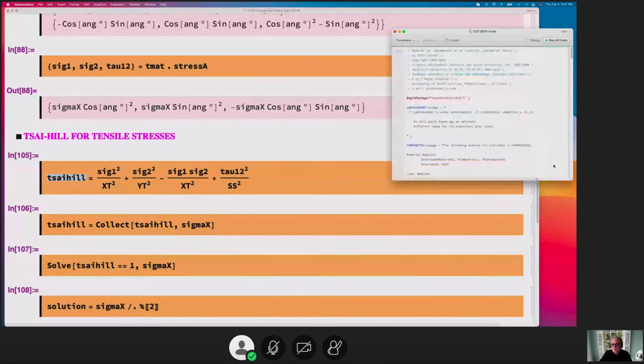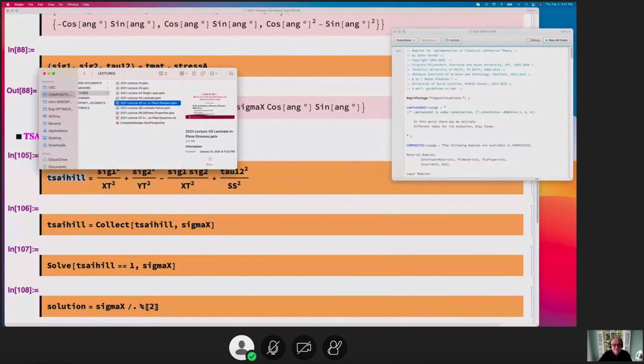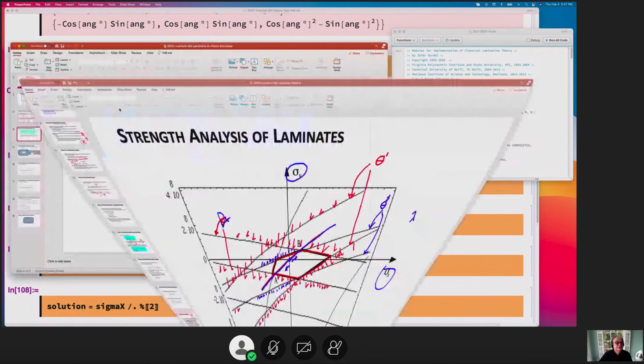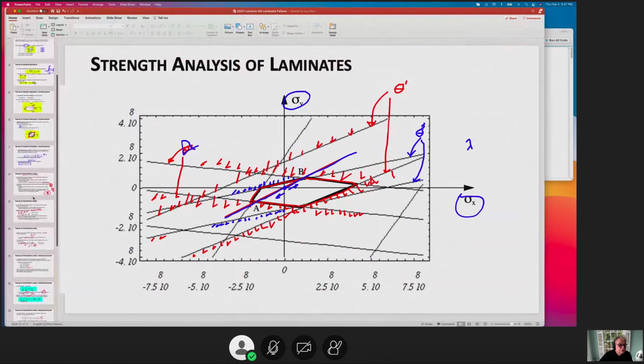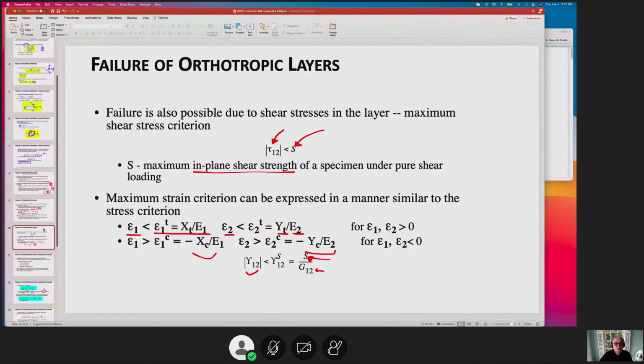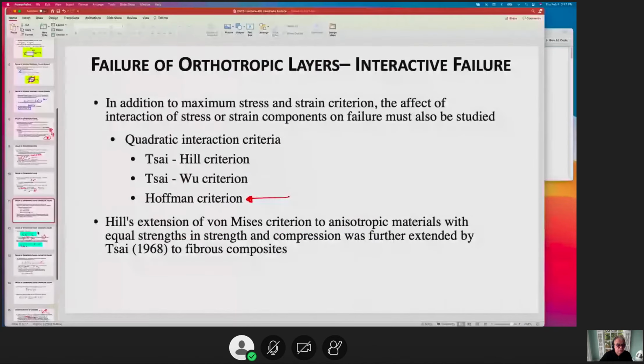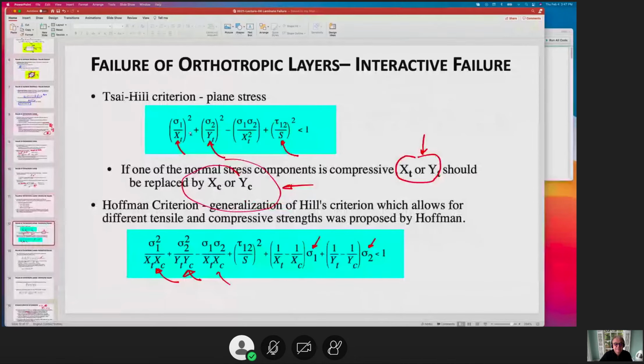I am curious why, because I should have at least put some text, if not maybe the equation for it. Let's put the equation from the lecture. Psi Hill.